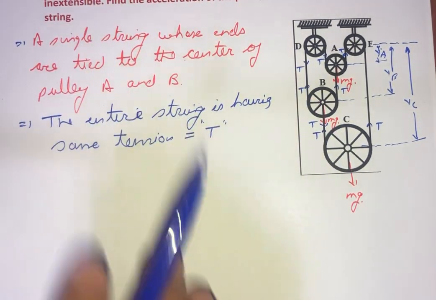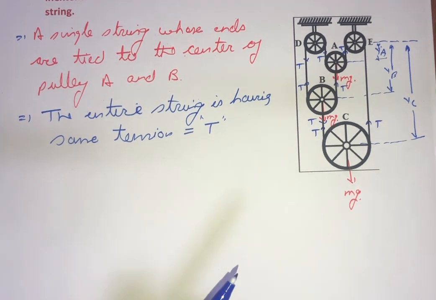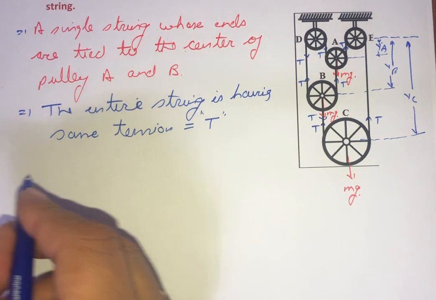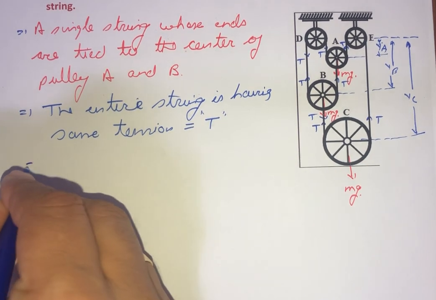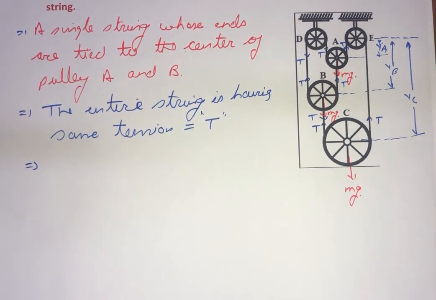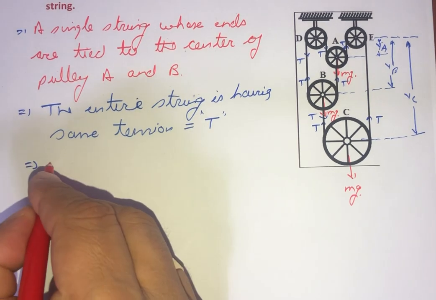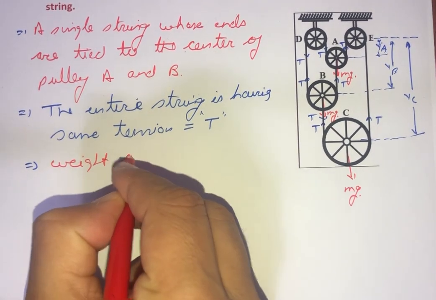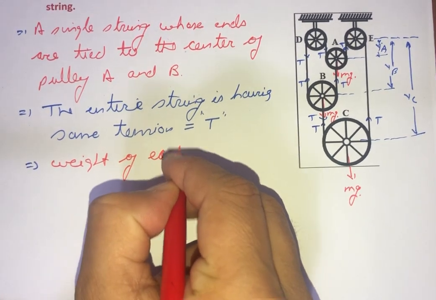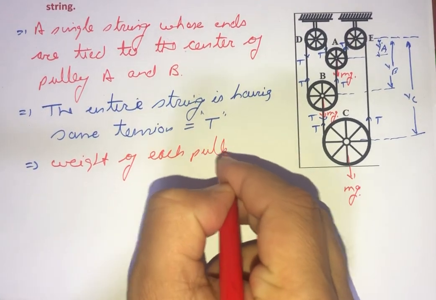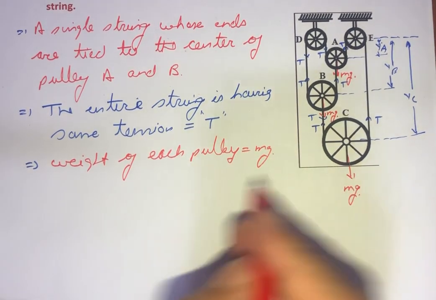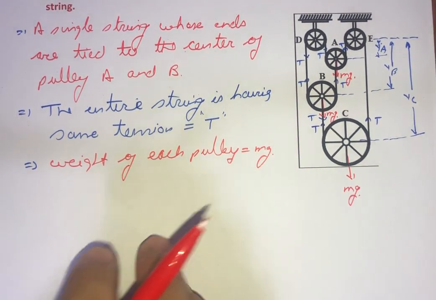Everything is 1 kg. So the weight of each pulley will be equal to mg.